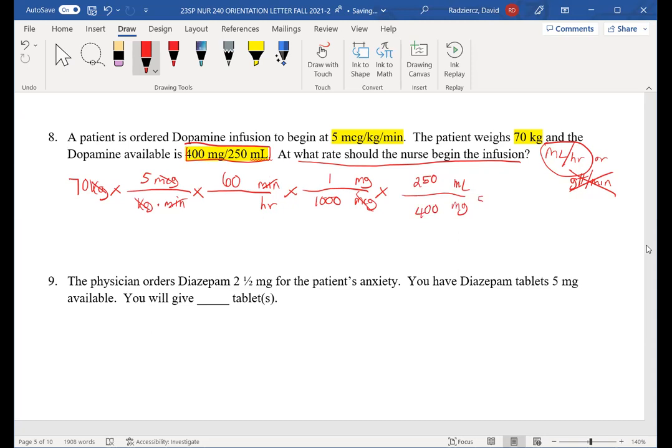We plug that into our calculator: 70 times 5 times 60 times 250, then divide by 1,000, and divide by 400. I'm going to get an answer of 13.125, and that's what the key says. But your answer should just be 13.1 mL per hour.